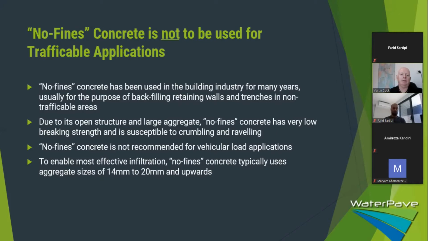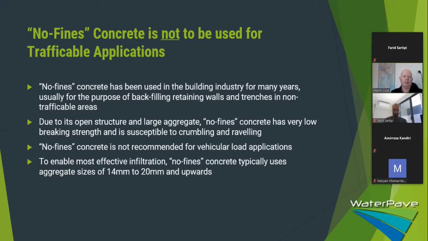To enable most effective infiltration, no fines concrete typically uses aggregate size of 14 to 20 mil and upwards. Using 14 to 20 mil doesn't really lend itself to looking very nice from a visual point of view.